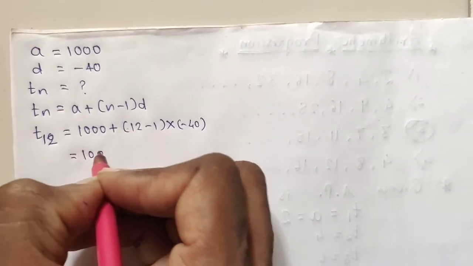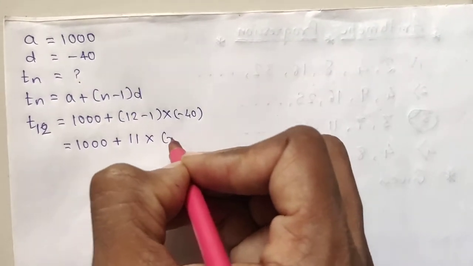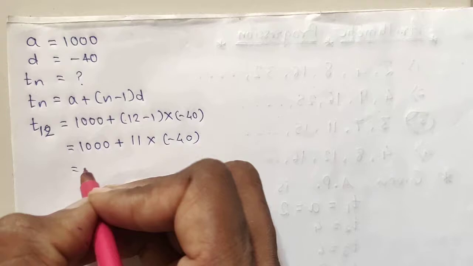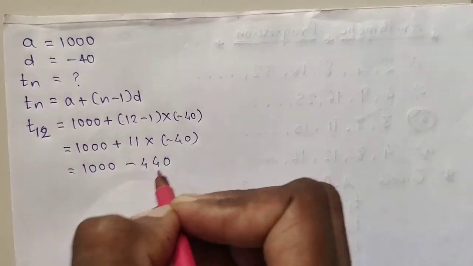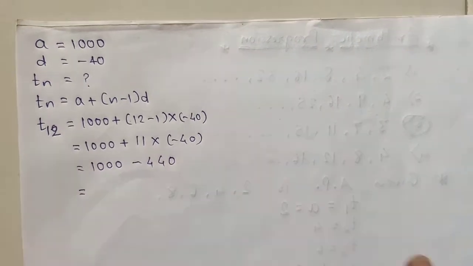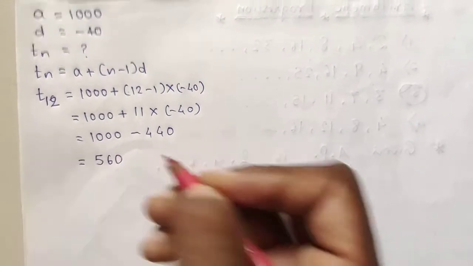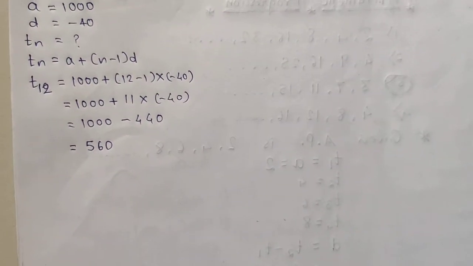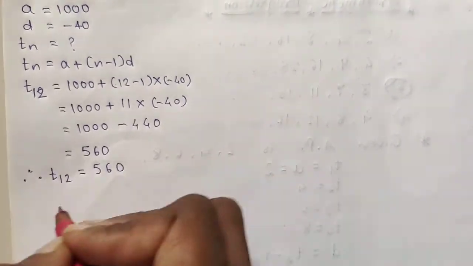So this is 1000 plus 12 minus 1 gives you 11. So 11 into minus 40 gives you minus 440. And if you do 1000 minus 440, you are going to get 560. Okay, so finally we got the 12th installment as 560 rupees.